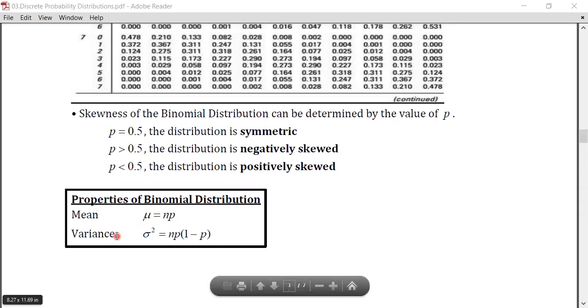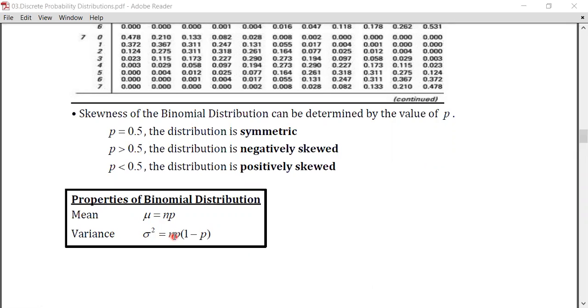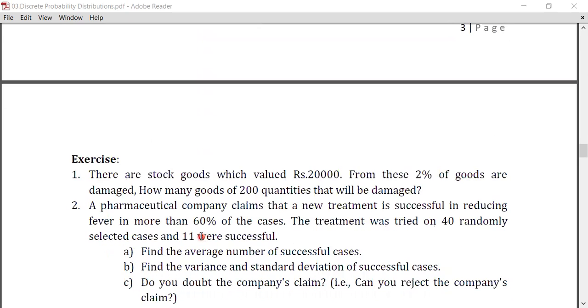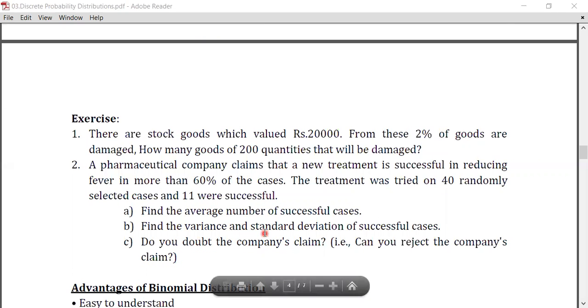The variance is denoted by sigma squared, and it can be obtained using the equation n times p times (1 minus p), where 1 minus p is the failure probability. These are some exercises that you can follow up.